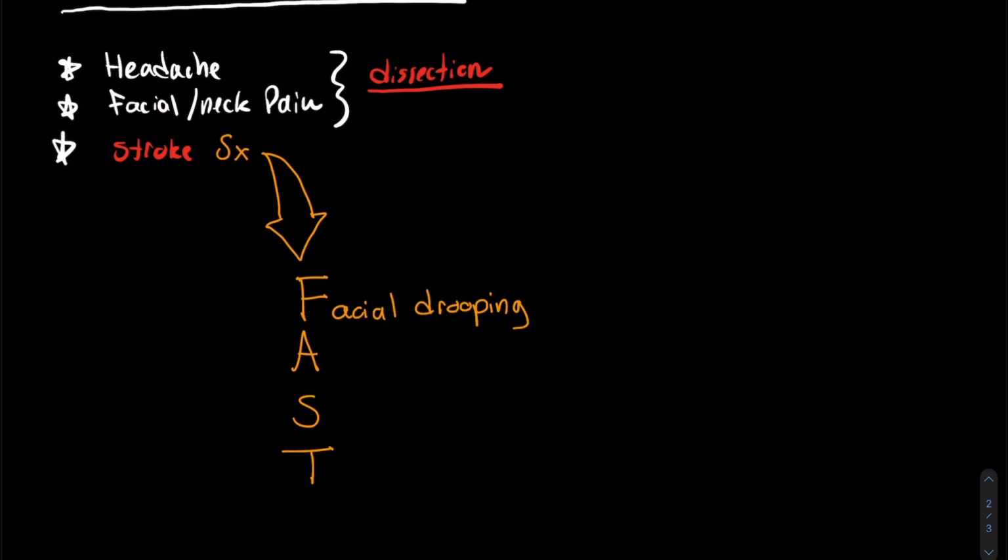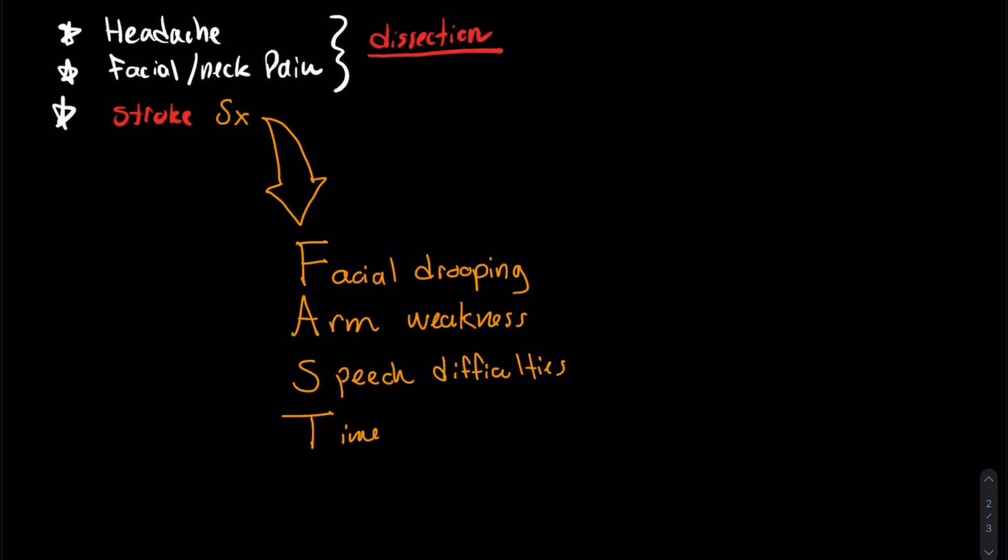So typically you'll see the face of the patient, especially on one side, will go down and will have no muscle strength at all. Then you can also have arm weakness or leg weakness, depending on which artery got blocked. S is for speech difficulties. And T is not really a symptom, but it just stands for time to call 911.